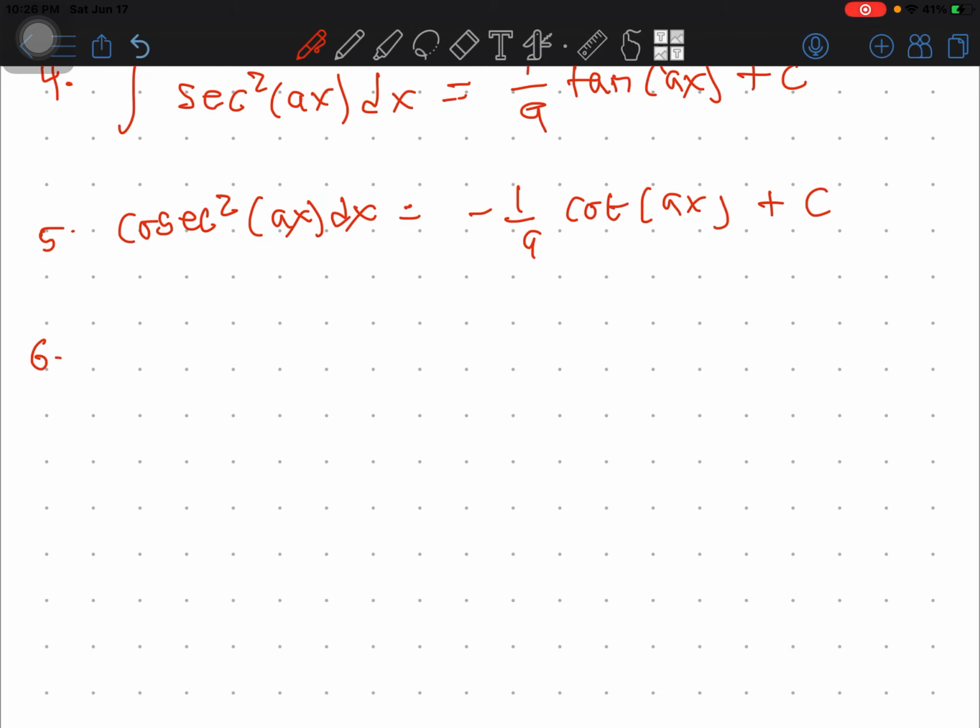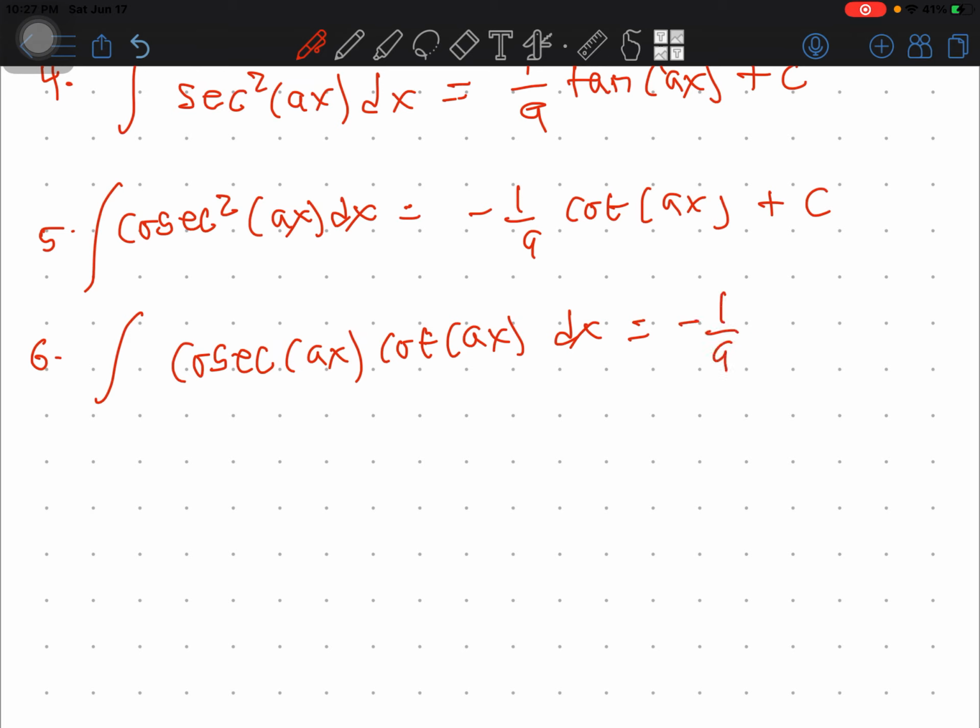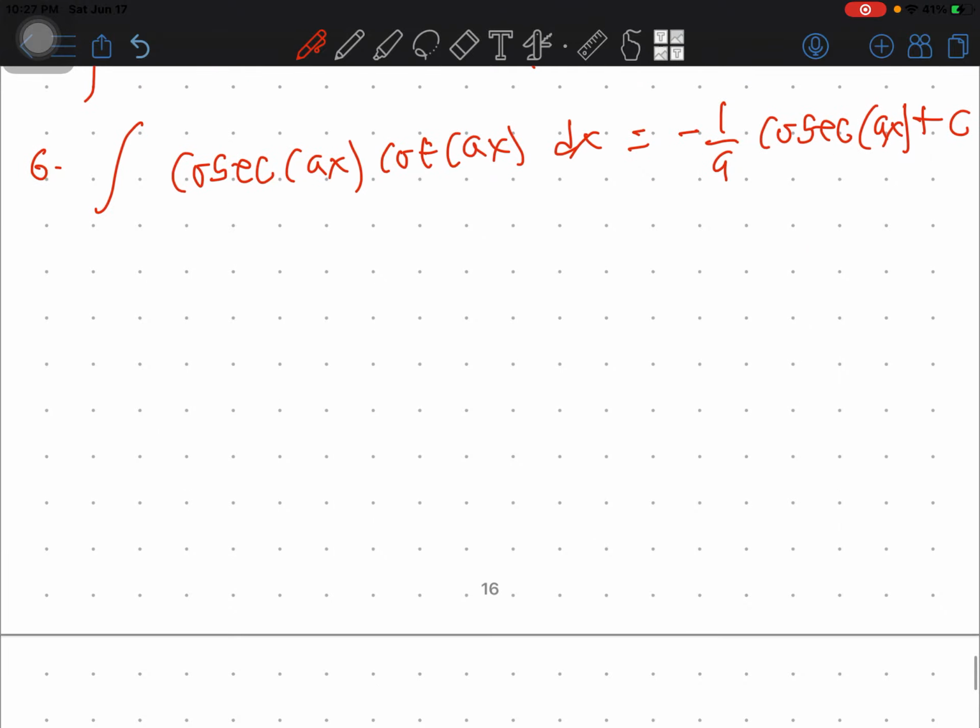The next one is integration of cosec ax cot ax dx, which is equal to negative 1 over a cosec ax plus c. Don't forget that.